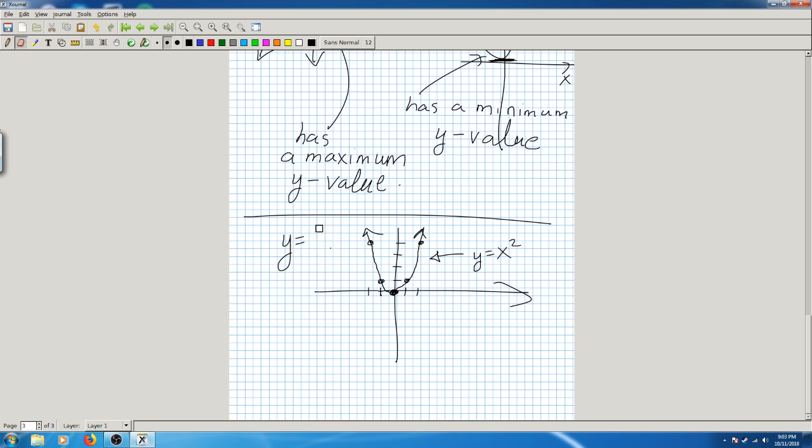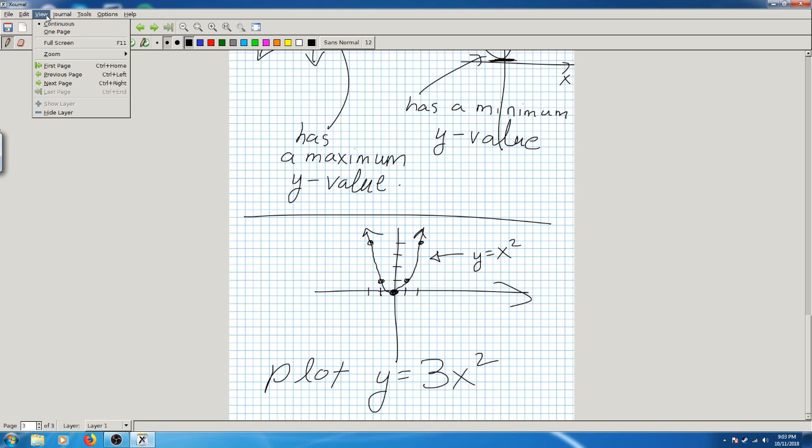So we plot that base curve, but what if I ask you to plot y equals 3x squared? We make things a little more complicated. How do we plot something like that?